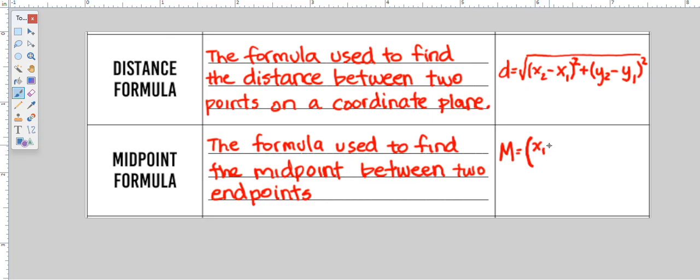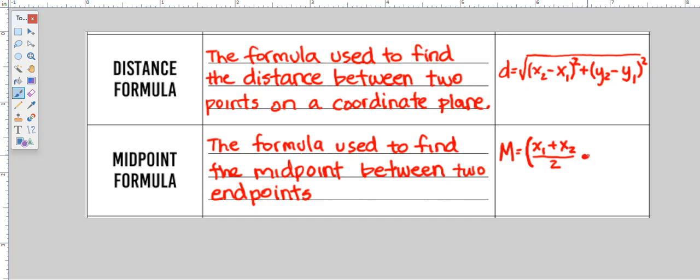It is x1 and x2 together, and then we are dividing by 2. We're finding the average of these 2 points, right? If I divide something in 2, I'm splitting it down the middle. We're looking for the center, okay?